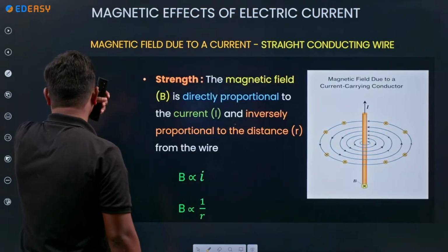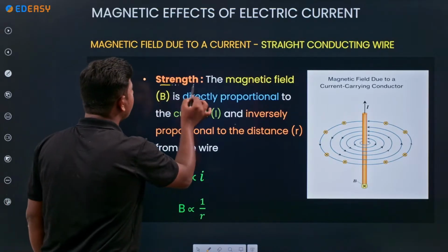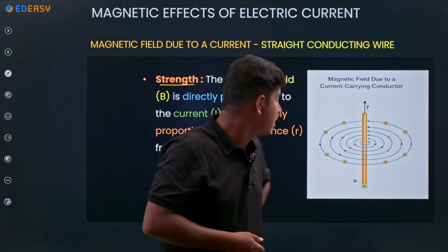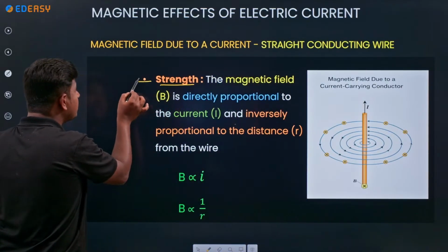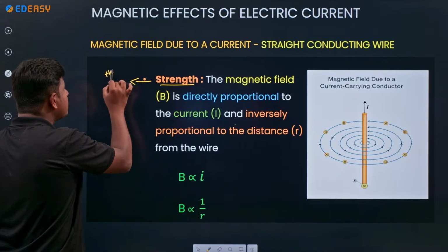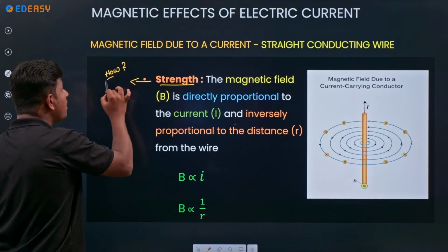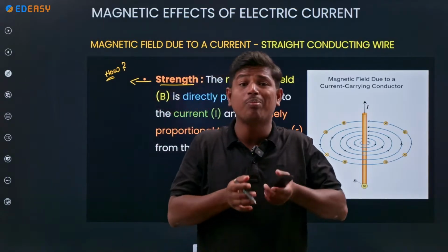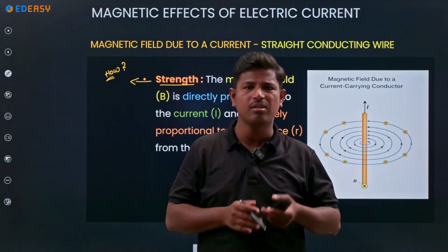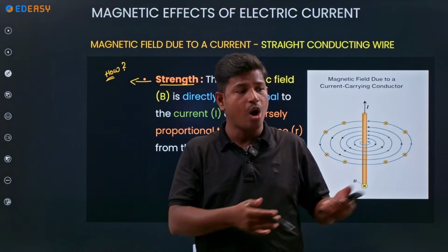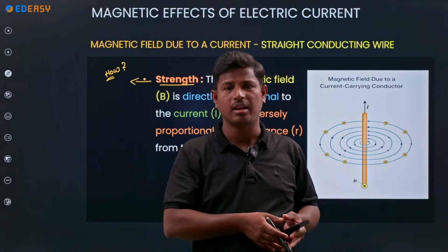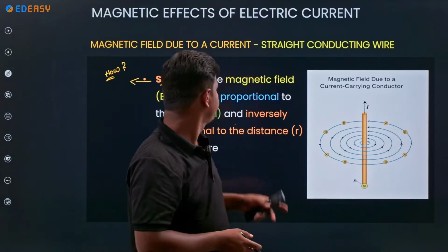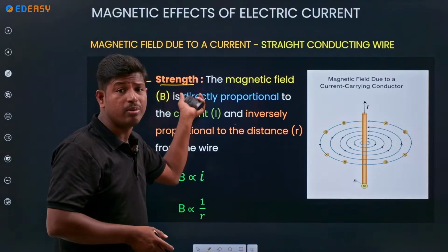Okay, next, strength of the magnetical field. What gives it strength? How will attraction be? How will repulsion be? It depends upon strength only, na. Strength is nothing but how it attracts a magnetical material and how it repels.